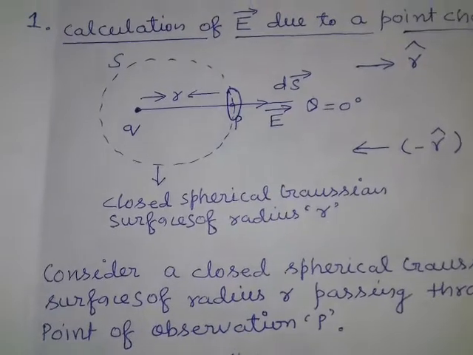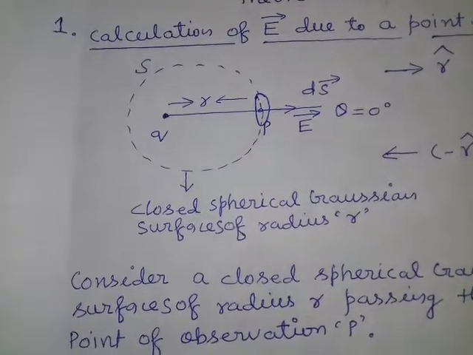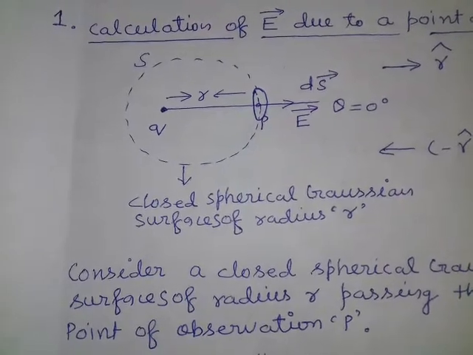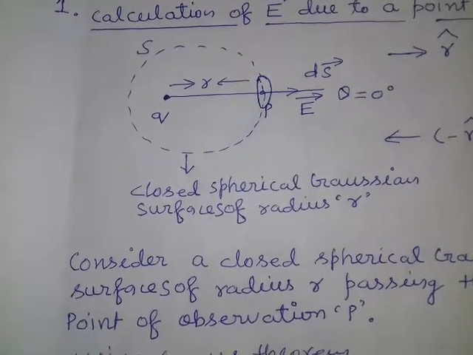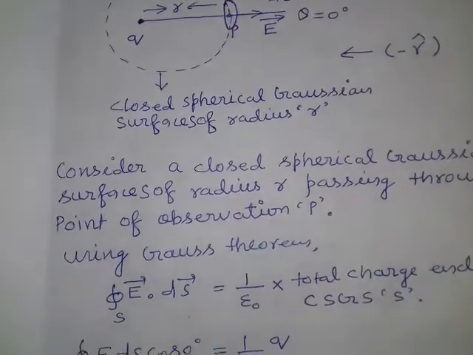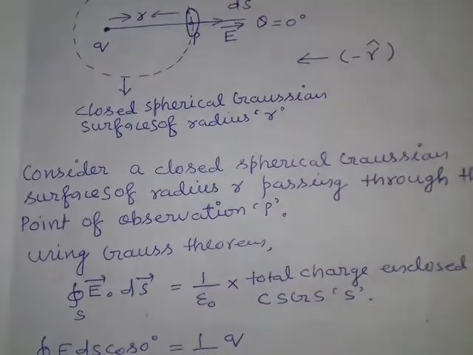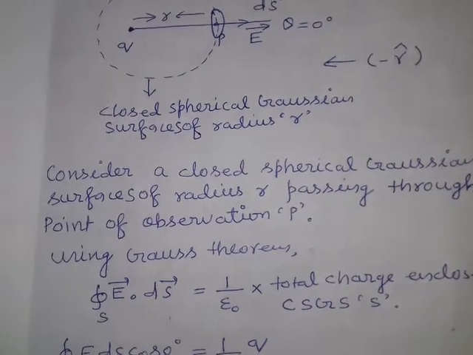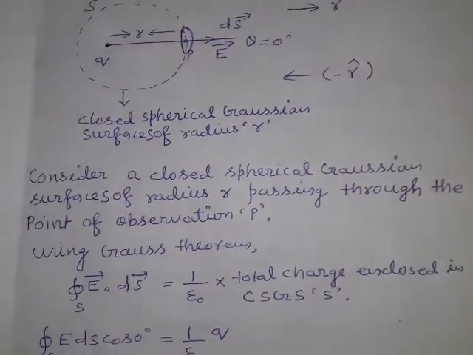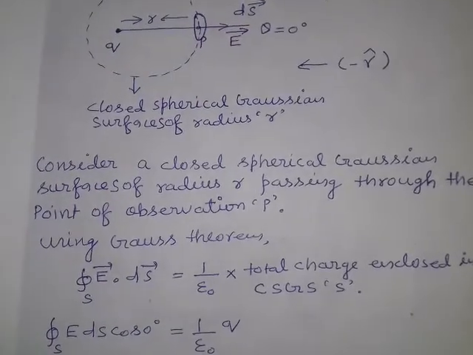And here you see there is a dotted sphere, which is your closed spherical Gaussian surface S of radius r. So consider a closed Gaussian spherical surface S of radius r passing through the point of observation P.